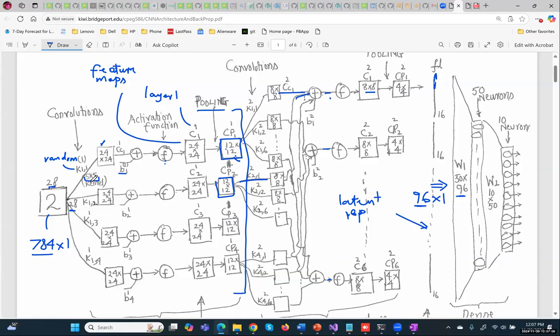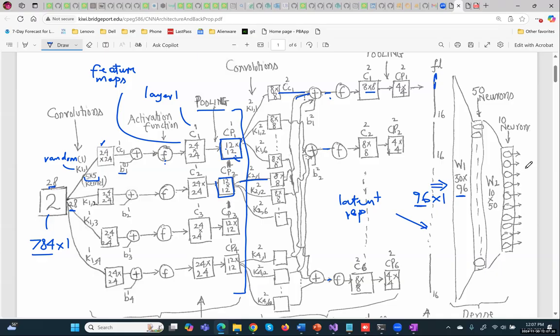And how were those 5x5 numbers picked? Randomly, okay? Then we did 24 convolutions of 5x5. How were those picked? Randomly, right? So the question is, how is it going to learn anything meaningful, right?